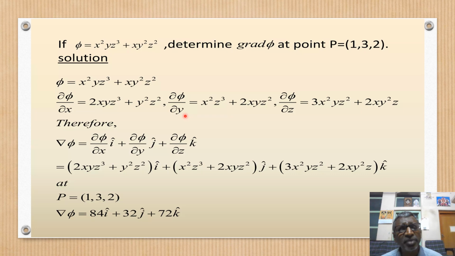When I talk about dou phi by dou y, x and z are constants and remain as they are, and you differentiate y. Differentiation of y is 1, therefore x square z cube, plus in this case it will be 2y, so 2x y z square. In a similar manner, differentiating partially with respect to z, we get 3x square y z square plus 2x y square z.